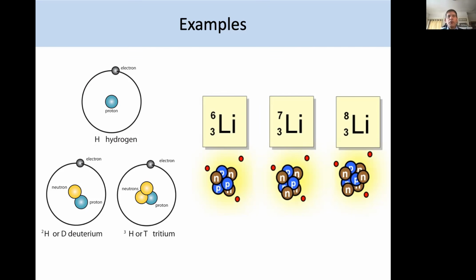Even when you get up to lithium, for example, you can artificially make even more exotic ones, but you actually have these 3 either stable or long-lived isotopes of lithium with 3, 4, 5 neutrons accompanying the 3 protons.